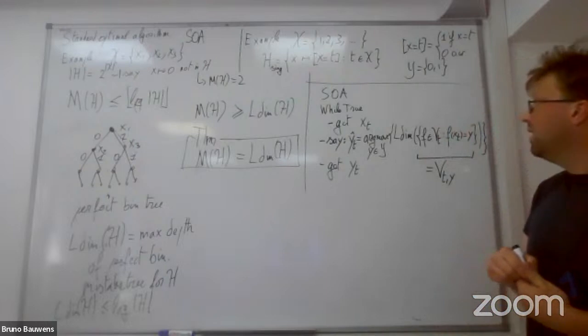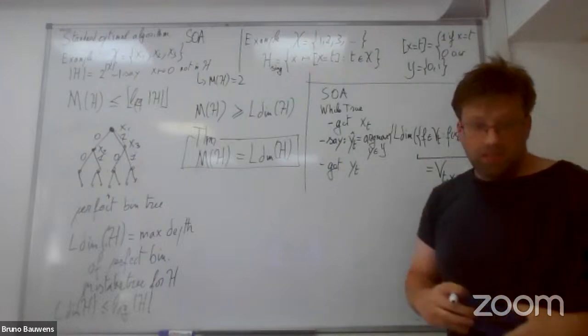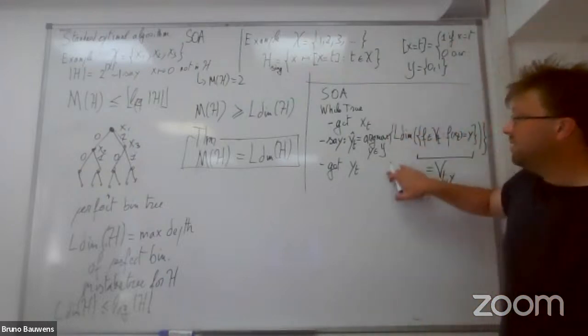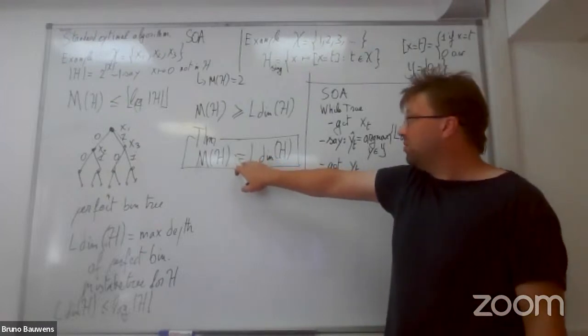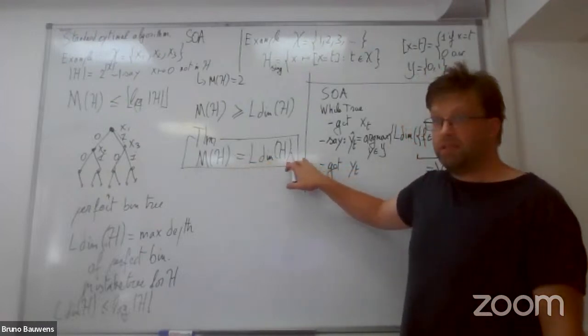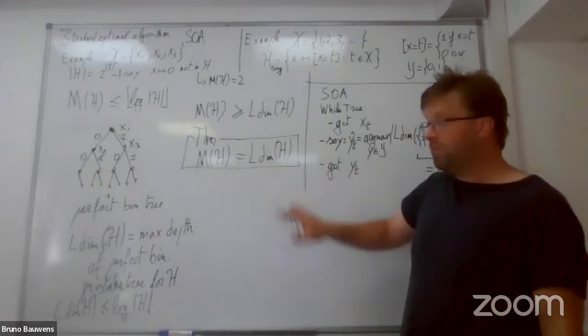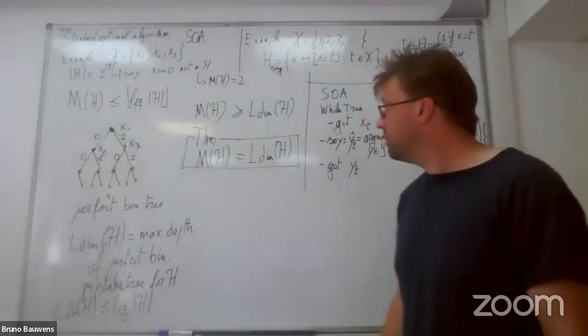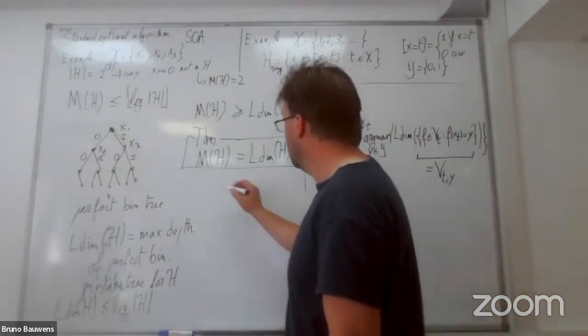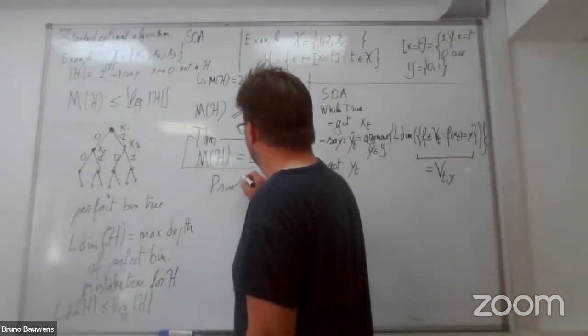Okay. And then the claim is that this algorithm achieves this bound. So the number of mistakes is bounded by the Littlestone dimension. So what we will do is prove this claim. So now, the proof.